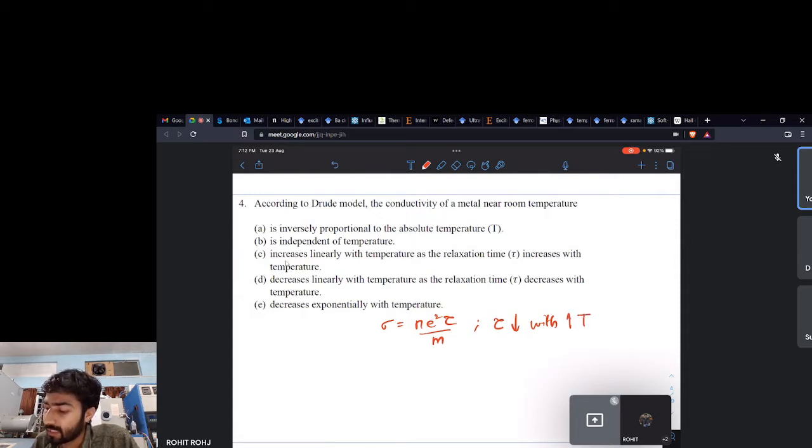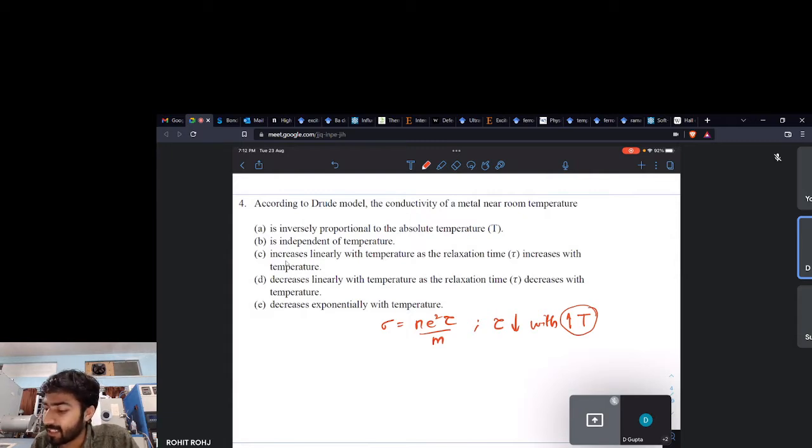With increase in temperature, tau decreases, and therefore conductivity also decreases linearly. I have some issue with this question: according to Drude model, the conductivity of a metal near room temperature. If you see the options, say C or D, it is saying increases linearly with temperature. It does not say whether increasing temperature or decreasing temperature.